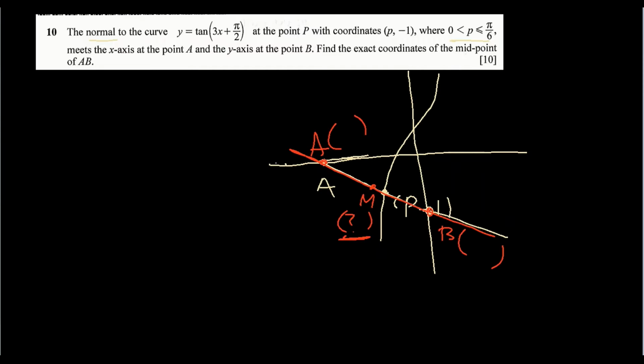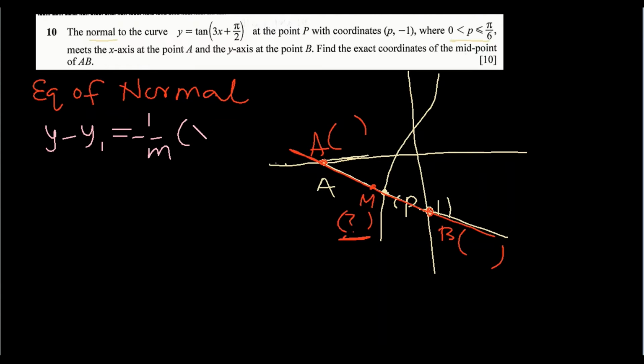The equation of the normal to a curve is y minus y1 equal to minus 1 over m times x minus x1, where x1, y1 are the coordinates of a point on the line, and P is the point we'll take. And m is the gradient of the tangent, which is dy over dx. So let's find dy over dx, the gradient of the tangent, first.